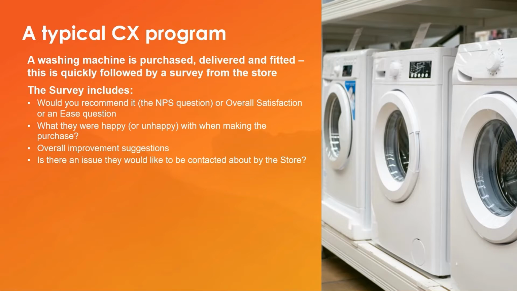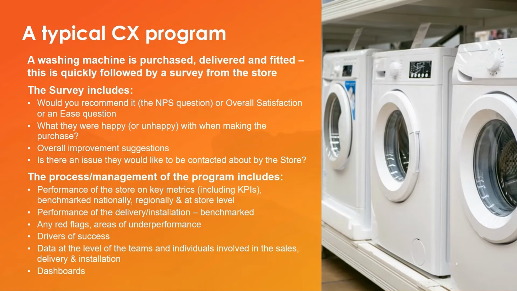That is typically the first question because we want to get that before we start biasing the rest of the study. Then we talk to them about what they were happy, or what they were unhappy about when they were making the purchase, and the delivery and the installation, ask for overall improvement suggestions, and then ask if there's any issue they would like to be contacted about by the store, which is this lack of anonymity point at the end.